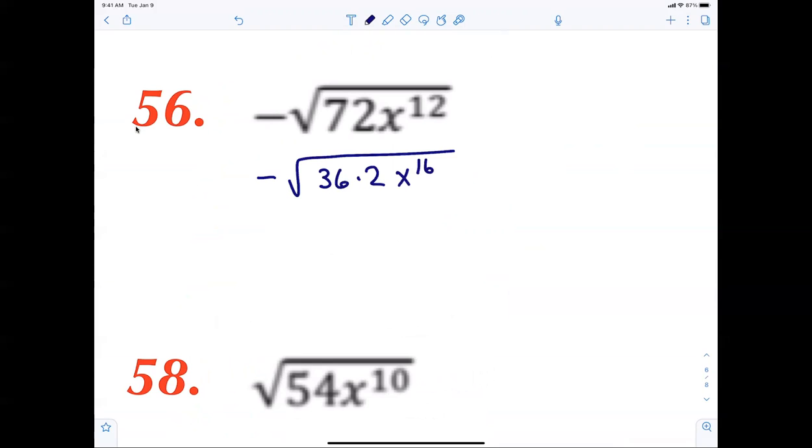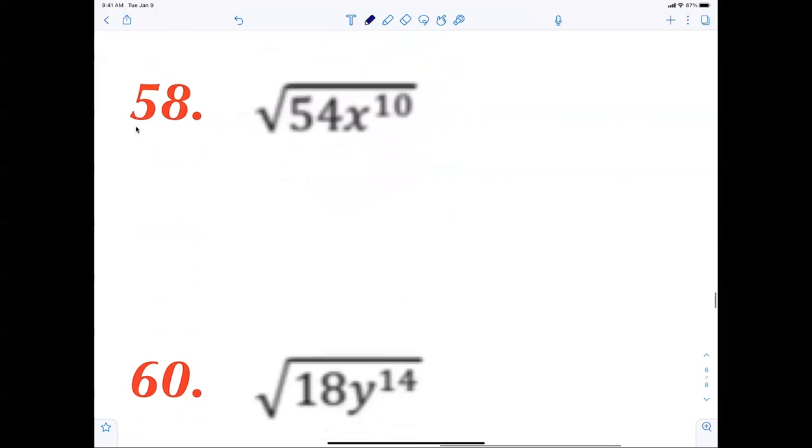What's the square root of 36? 6, and x to the 6, not x to the 12. So it'd be negative 6x to the 6 radical 2, if I'm not mistaken.